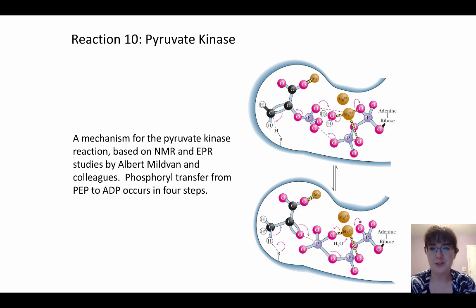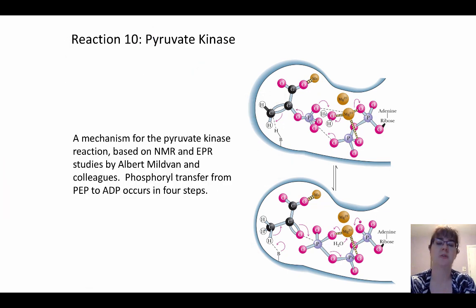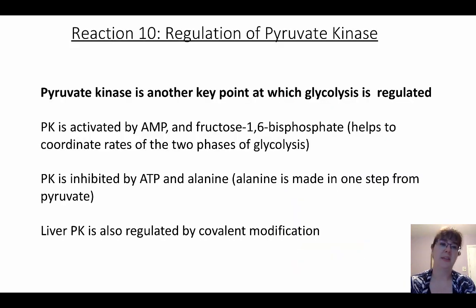We're not actually going to focus on this, aside from to say that, again, anytime you're dealing with a lot of phosphates and those negative charges, we're seeing magnesium play a key role, as well as, usually, potassium, another positively charged metal ion that's also playing a role in helping stabilize all of the negative charges present. On to regulation.